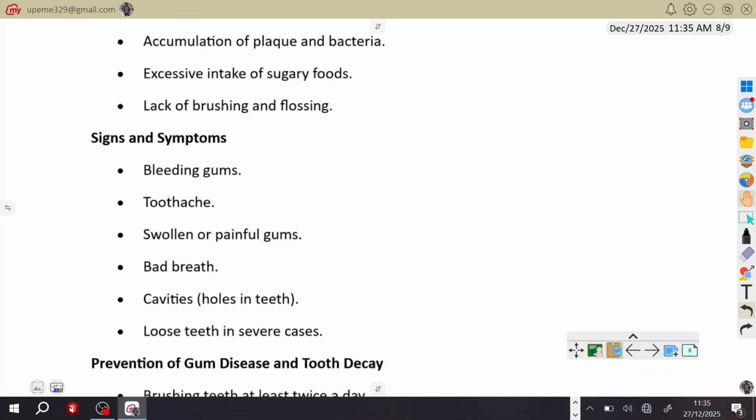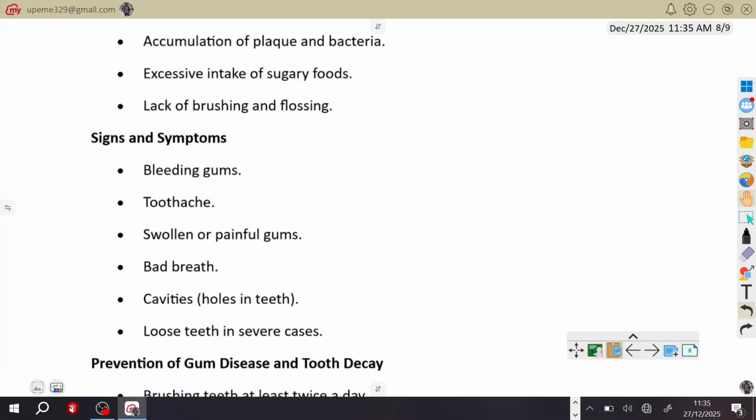Then another one, swollen or painful gums. When the gums are paining or they are swollen, it is a sign that you have gum disease or tooth decay is occurring. Then also bad breath, like when you breathe, the air that you breathe out smells. That is already a sign that you are about to have gum disease or tooth decay, or these have happened.